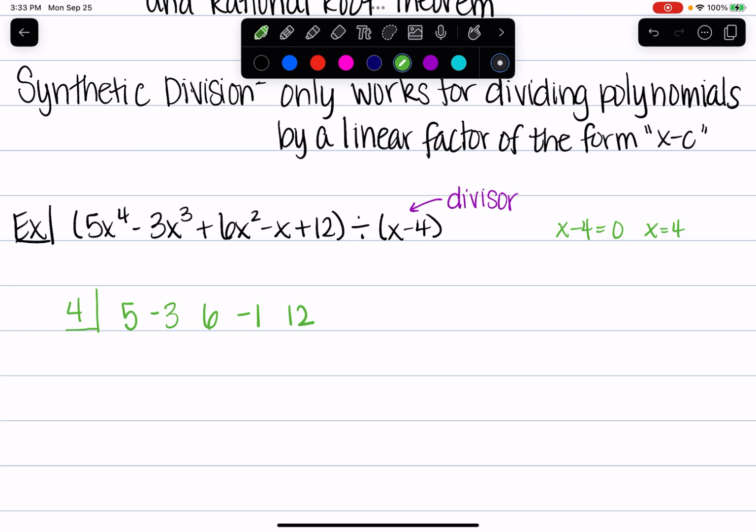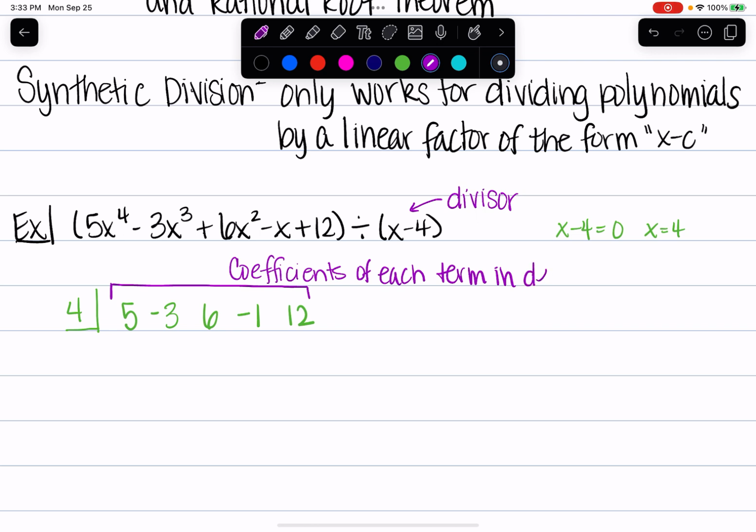So this right here is going to be the coefficients, including their signs, of each term in descending order.